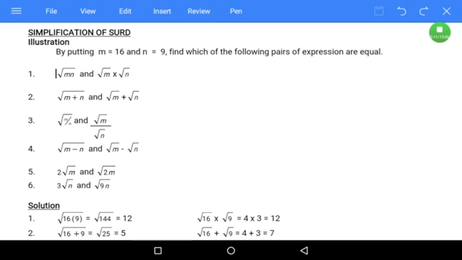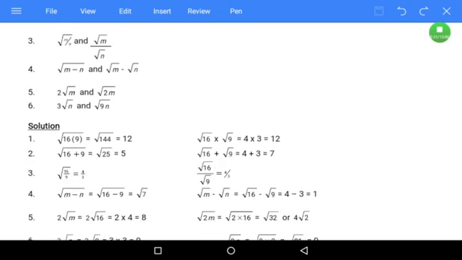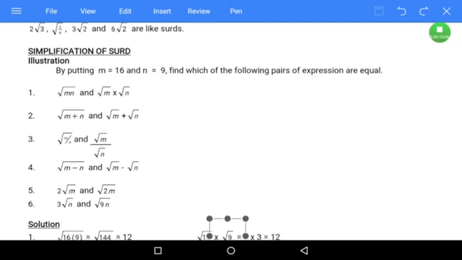So root mn, that's root of 16 times 9. Let's see if it gives us the same thing as root 16 times root 9. 16 times 9 will give us 144, and root 144 gives us 12. So let's try if that's possible in terms of splitting. Root 16 times root 9. Root 16 will give us 4, root 9 gives 3. 4 times 3 gives us 12. Okay, can you see that that's correct?